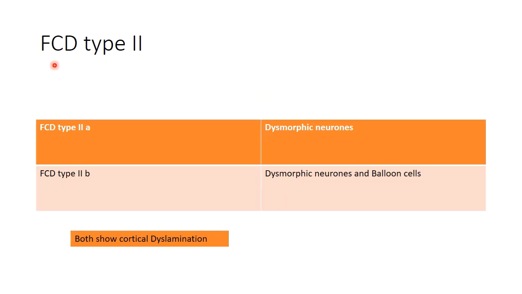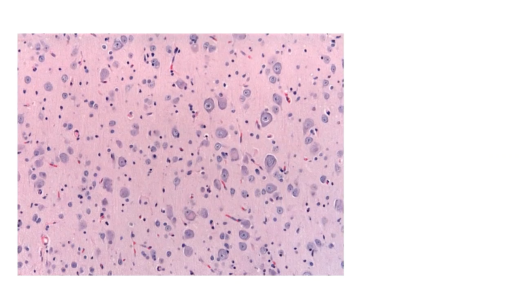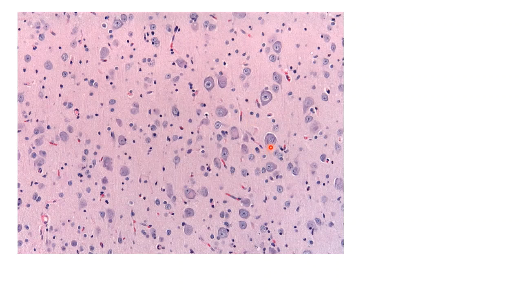Coming to focal cortical dysplasia type 2, in addition to the cortical dyslamination, that is an abnormality in the cortical arrangement of the cells, there are also dysmorphic neurons, and dysmorphic neurons with balloon cells, as seen in focal cortical dysplasia type 2B. So what are dysmorphic neurons? This is what you see. These are the dysmorphic neurons.